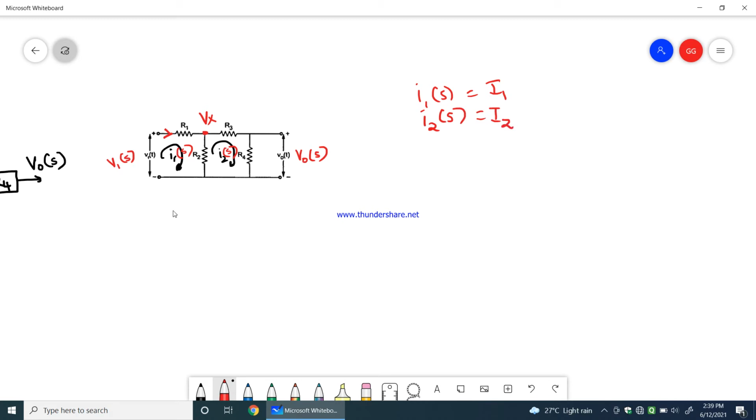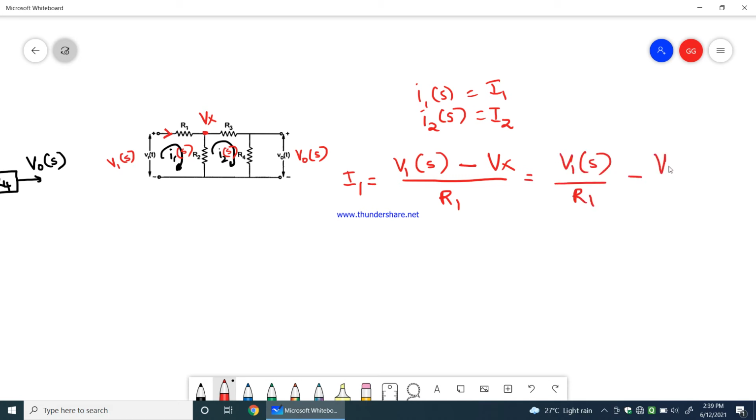So here current I1 would be equal to input voltage V1 of s minus Vx divided by R1, or else I can say I1 equals V1 of s divided by R1 minus Vx by R1.